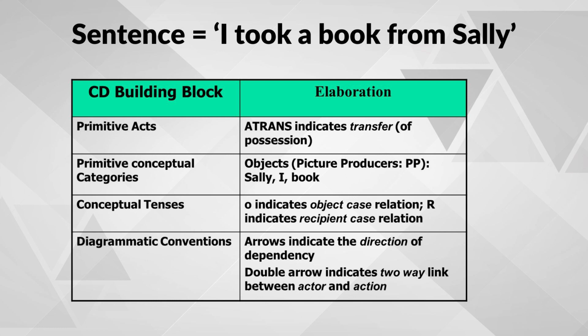In conceptual dependency, the sentence I took a book from Shelley can be analyzed as: the primitive act is take, wherein the agent I performs the action on a primitive conceptual category, book. The source Shelley indicates the origin of the action. The conceptual tense is past due to took. The diagrammatic convention employs an arrow representing the action of taking from the agent to the object.